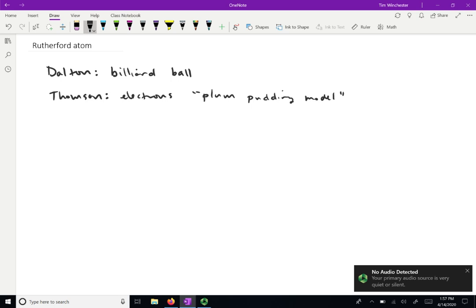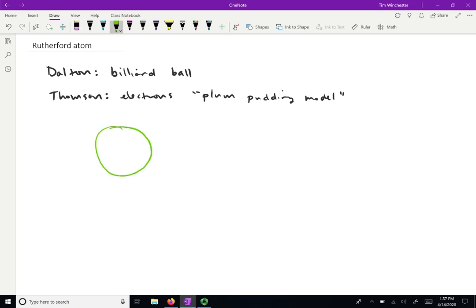The idea is that you have some sort of positively charged stuff, and inside that you have some little negatively charged electrons. You can think of these like raisins in a cookie. His weird British model was plum pudding, so this kind of goo with some chunks in it. The positively charged part was balancing out the charge, so that the atom was overall charge neutral.